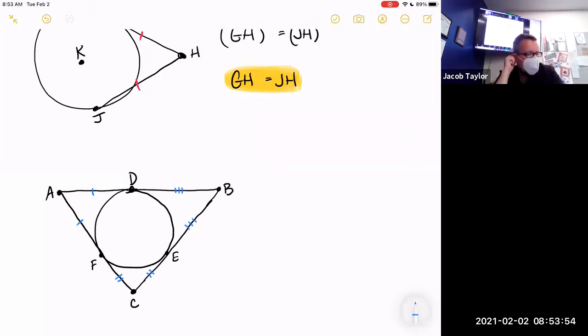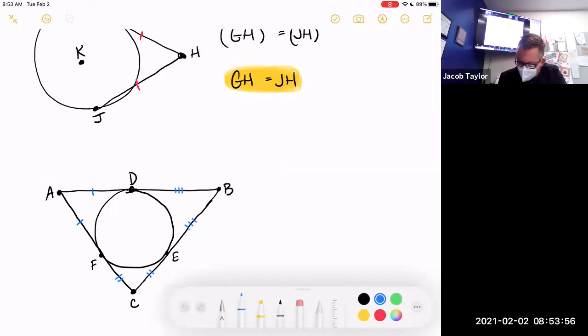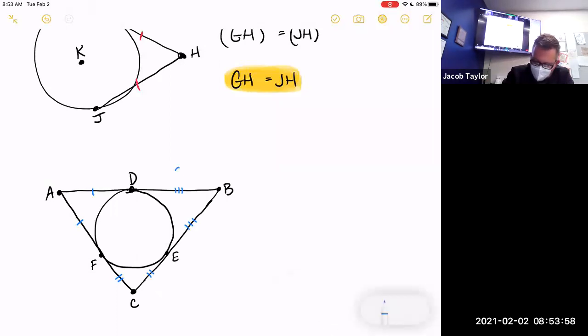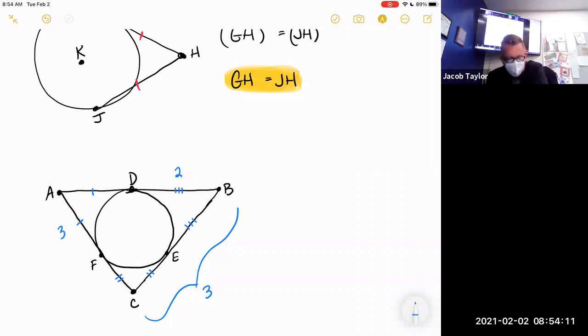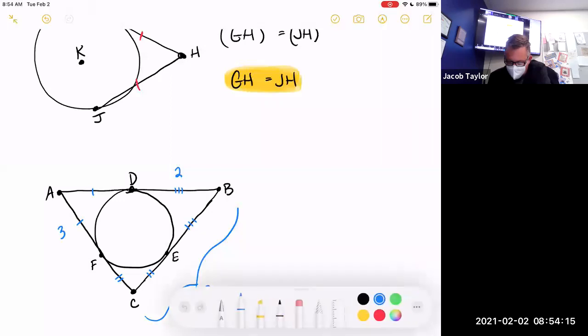So in this way, if I gave you just a few measurements, like if I said this is going to be 2, and this whole thing is going to be 3, and this is going to be, let's say, 3, you could then figure out all the rest of the measurements.